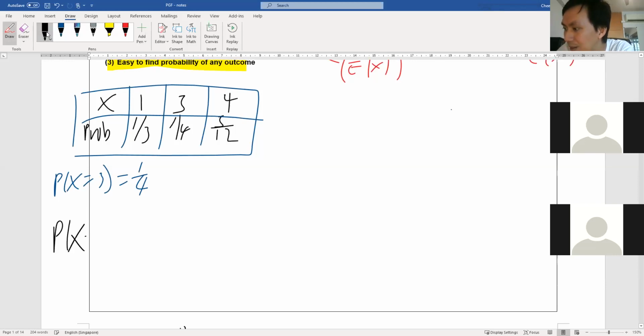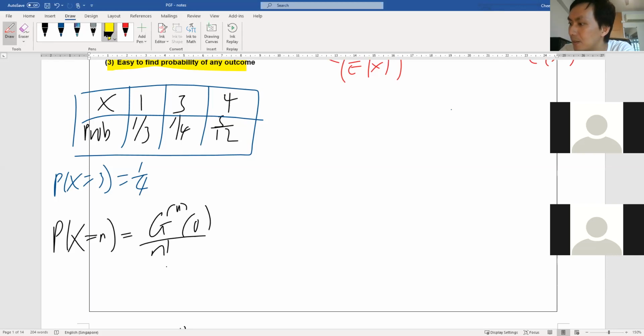Probability x is equals to n is you will differentiate the function n times divided by n factorial, then let t be 0. Okay? If you apply this mechanism onto the PGF of this variable x, it should output you the number 1/4 at the end of the day.